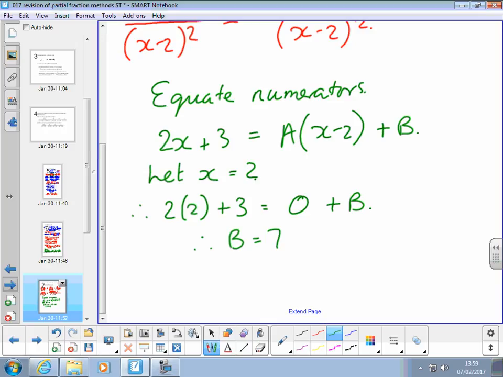Now what can we do? We're going to let x equal something else. What's the best thing to let it equal?